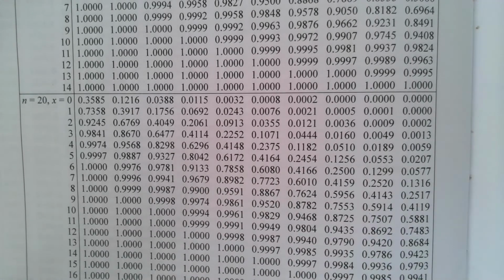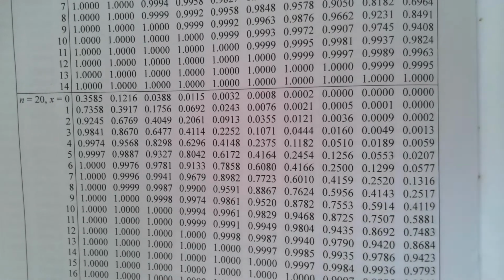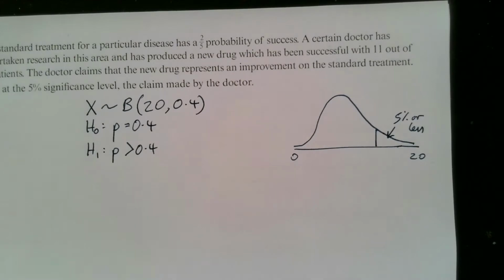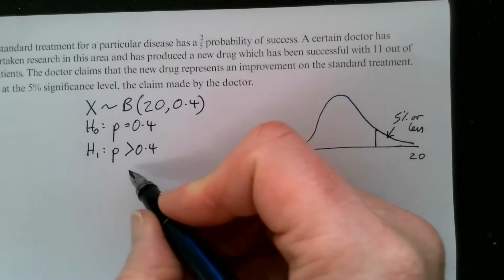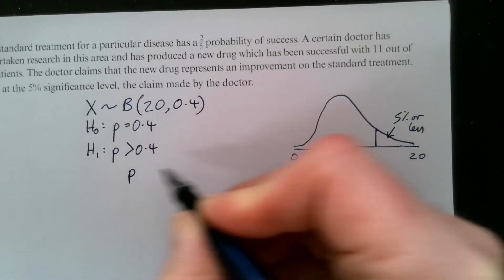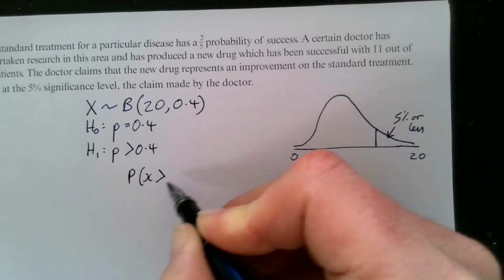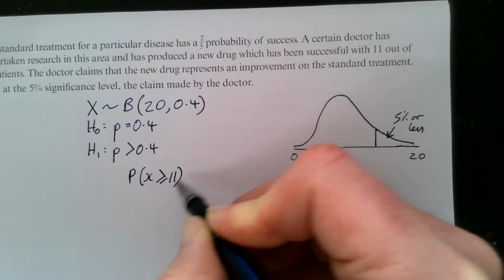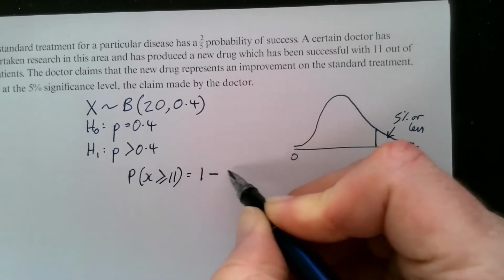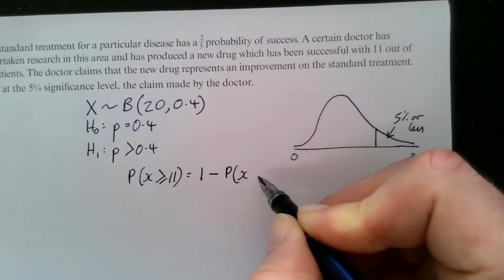So the reason is the probability that x is more than or equal to 11 is going to be 1 take the probability that x is less than or equal to 10, and that's the one that the table gives us. That's the point.